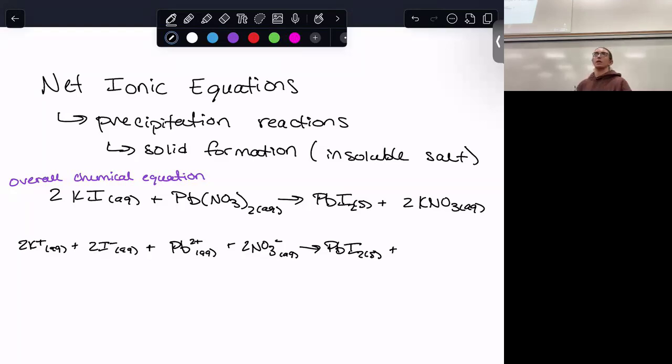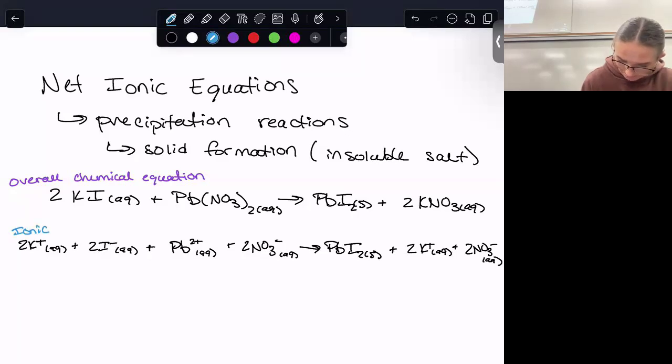And what about potassium nitrate? What happens there? That splits apart because it's still aqueous. So that's going to be 2K+ aqueous, and this is 2NO3 minus aqueous. Right, and this would be our ionic chemical equation, where you have everything going on in the reaction.